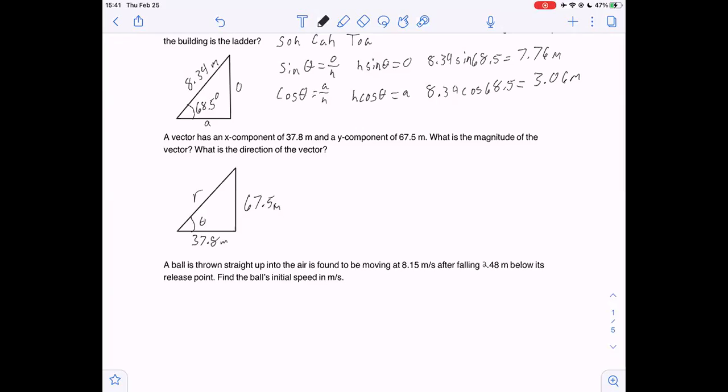So we'll use our TOA because tan of theta is equal to our opposite over adjacent. So theta is equal to our tangent inverse of opposite over adjacent. But how do we find r?